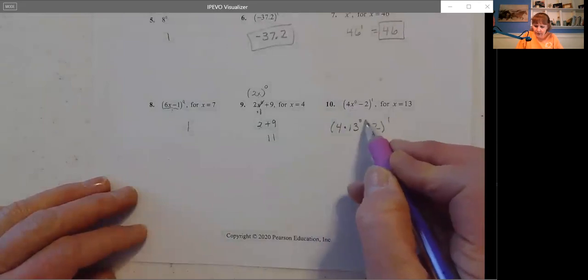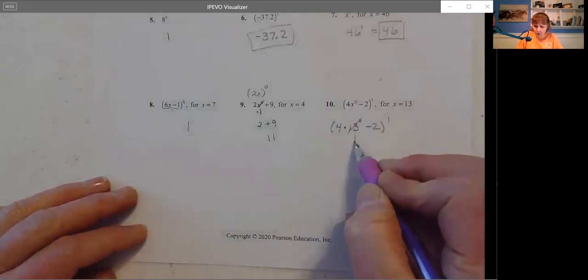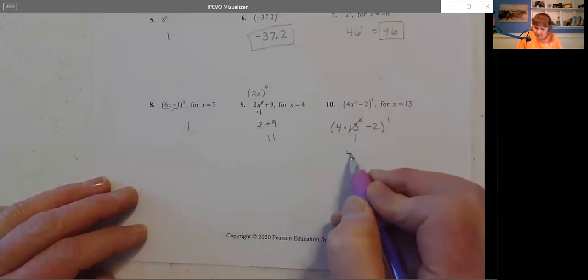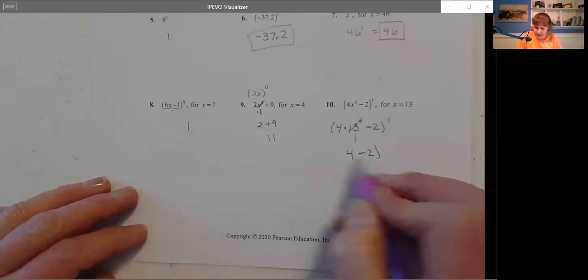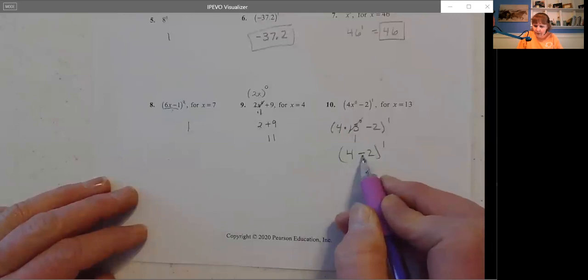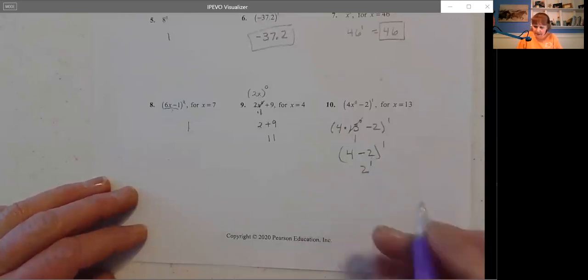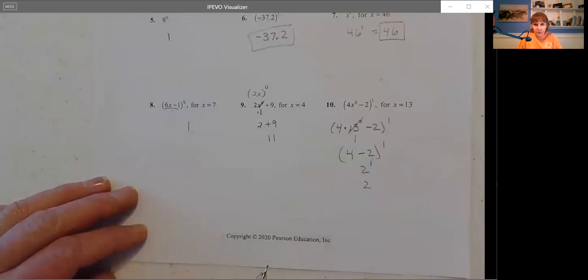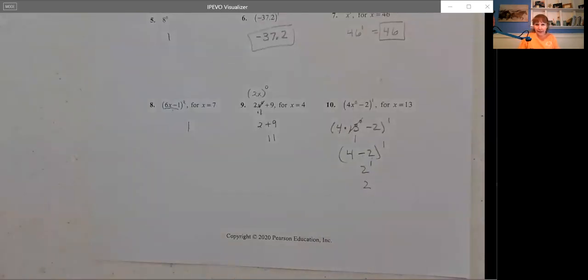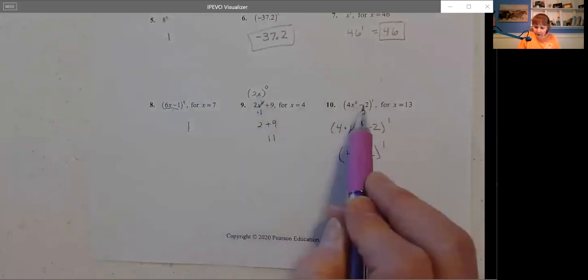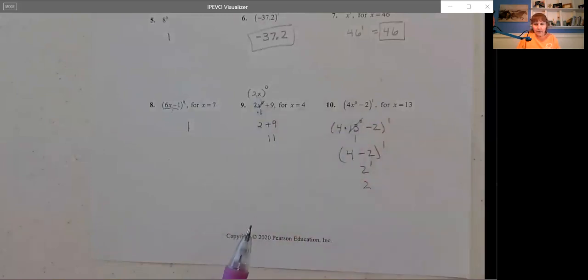So you would do this first, which is a 1. 4 times 1 is 4. And 4 minus 2 is 2. You do the parentheses, 2 to the first is just a 2. All right, so again, if you don't have the parentheses, it's just the x that has the 0 power.